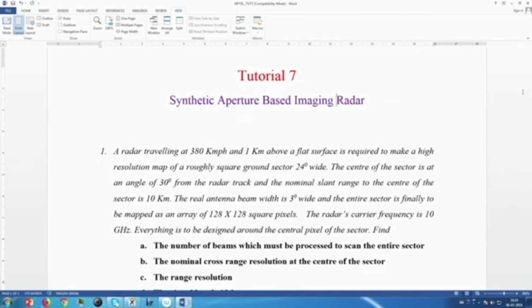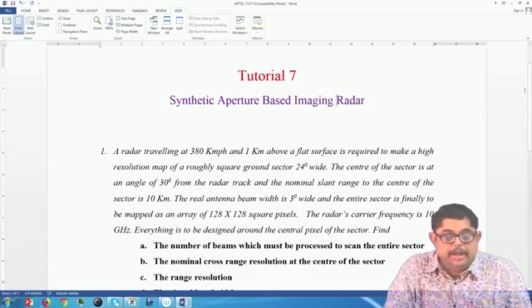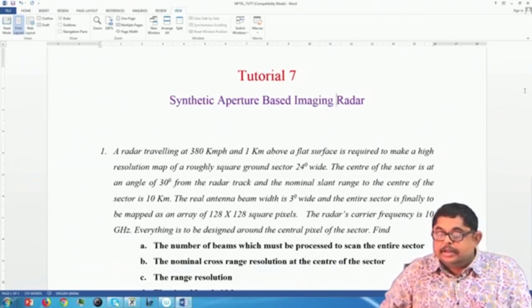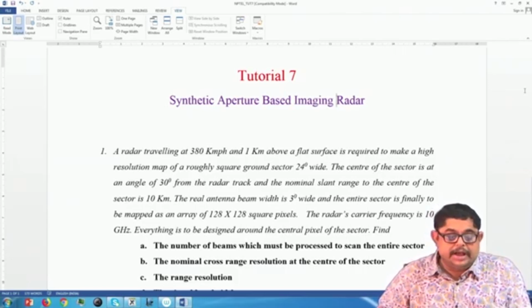So, a radar traveling at 380 kilometer per hour, that means it is being flown by an aircraft, and 1 kilometer above a flat surface is required to make a high resolution map of a roughly square ground sector 24° wide. The center of the sector is at an angle of 30° from the radar track.